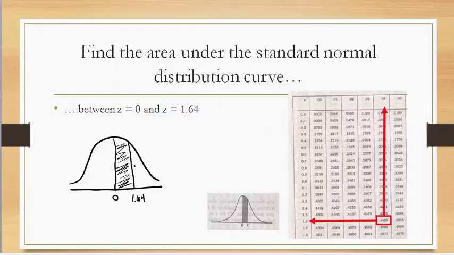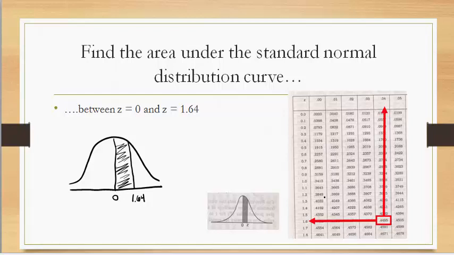Now, in order to find that area, we're going to use a table that is in your textbook and that I have emailed you. So if you take a look at your table, and I have a portion of the table over on the right-hand side, we're going to look up that 1.64 value.